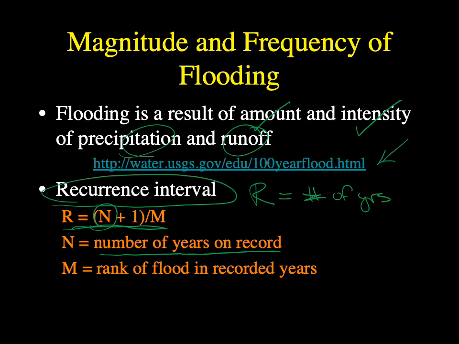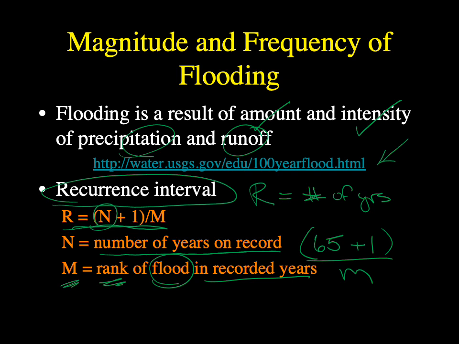So you might have, say, 65 years of records of the flood history of this river. You would plug in 65 plus 1. And then M is the rank of the flood that you're looking at in terms of recorded years. Great, Dr. L, what are you talking about?